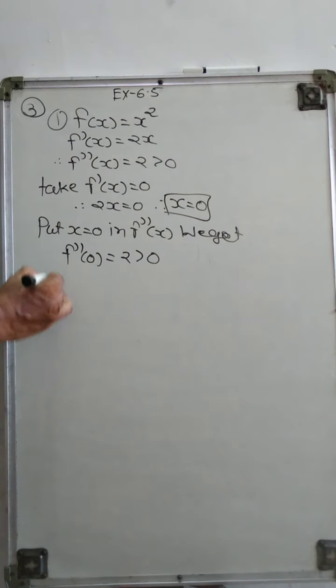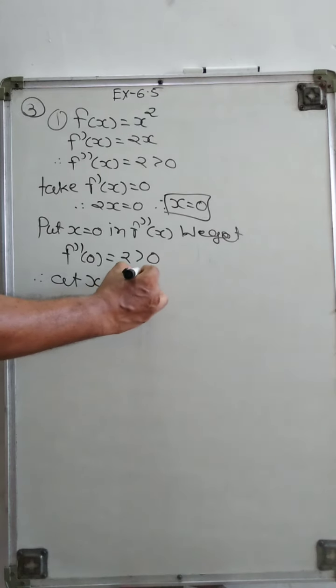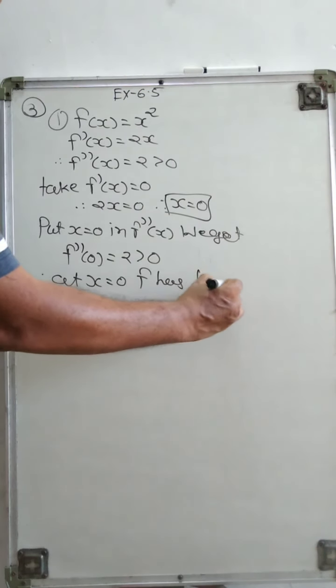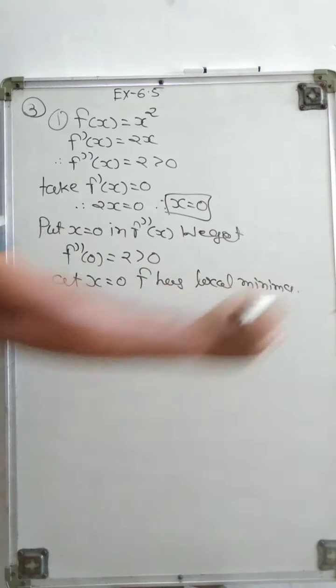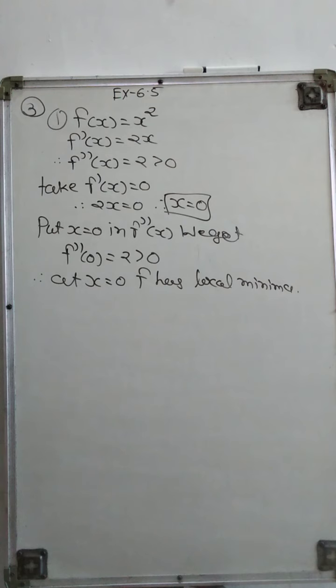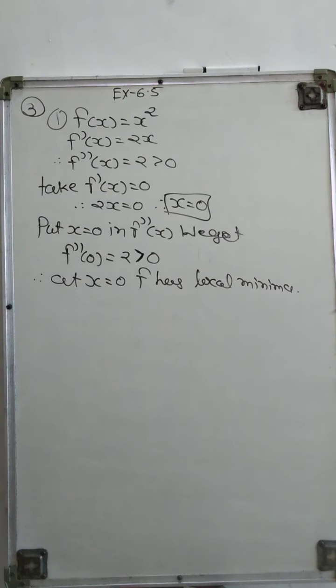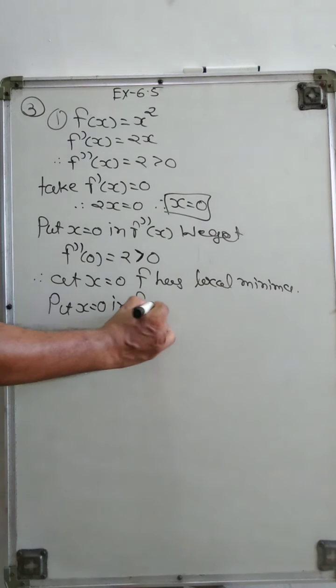So therefore we can say that at x equal to 0, the function f has a local minimum, right? When f'' greater than 0 occurs, then we have a local minimum. And which value is there? So here put x equal to 0 in f(x).